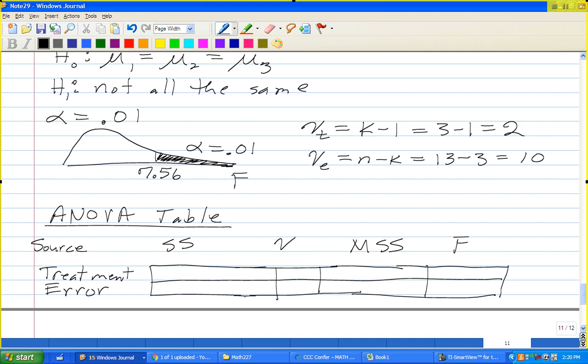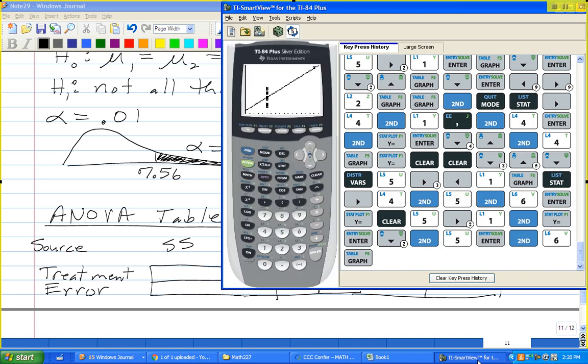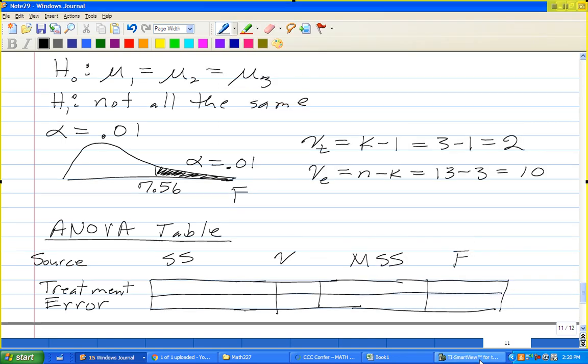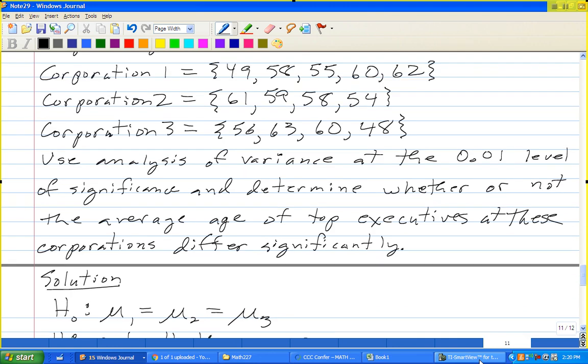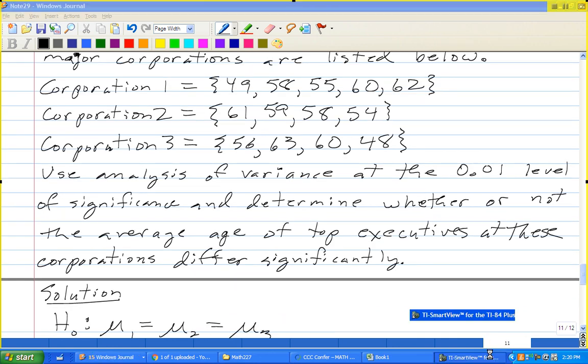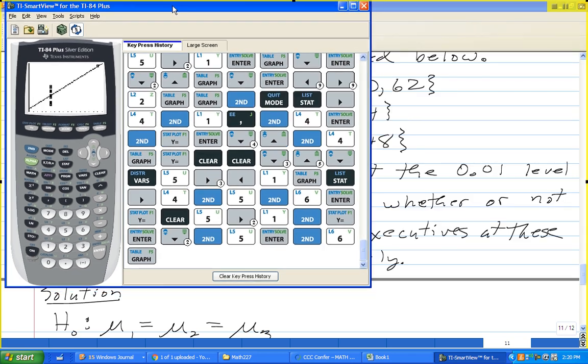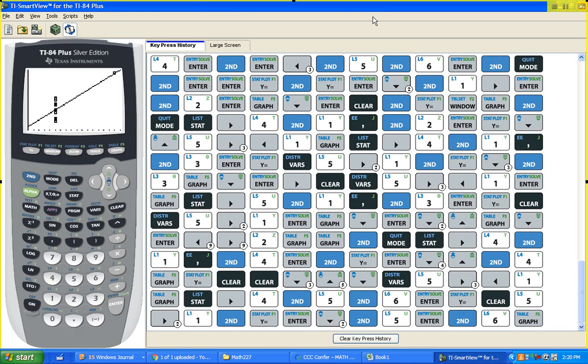Okay. So, well, let's do this 2 ways, I guess. Let's put all the data into the calculator. Okay, so let's clear that.